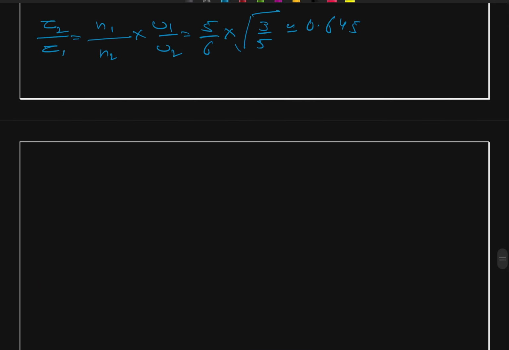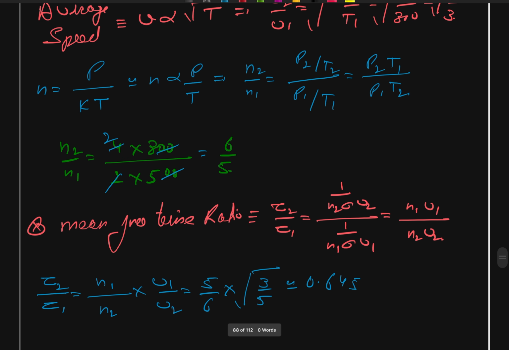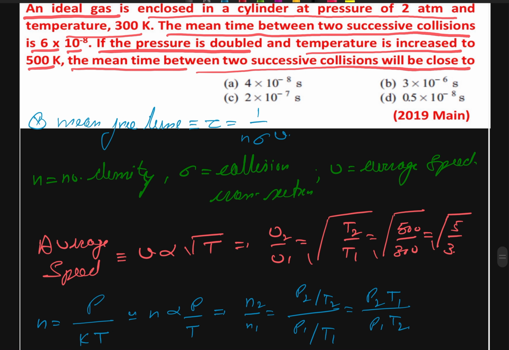Therefore, we can say that tau 2 is equal to 0.645 times tau 1, that is 0.645 into 6 into 10 to the power minus 8. So we get tau 2 approximately equal to 4 into 10 to the power minus 8 seconds. So option A is correct.